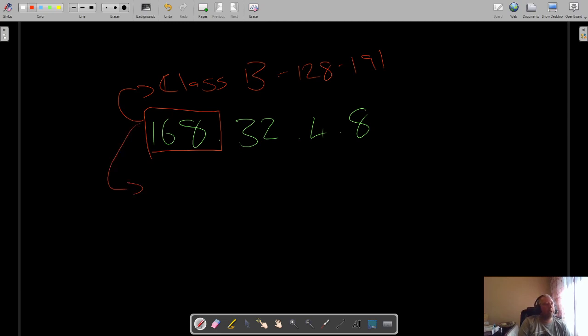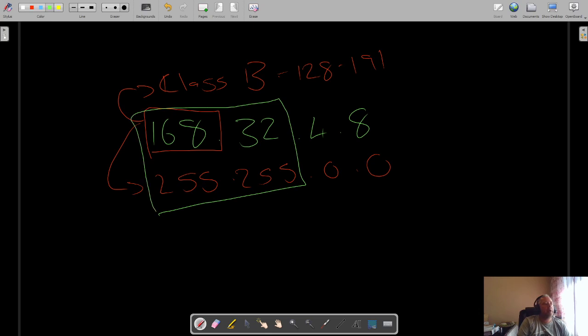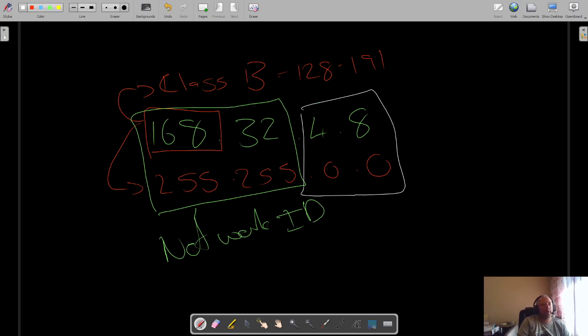Because it's class B, I can tell you the subnet mask is 255.255.0.0. And because I'm looking at the subnet mask, I can tell you that the first 2 octets will be given to the network ID, and the last 2 octets are given to the host ID.